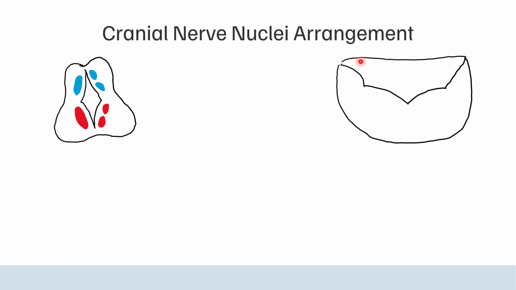So this would be our fourth ventricle. And then the arrangement of these nuclei would be the exact same in the sense that we have, once again, two motor nuclei here, and then two sensory nuclei on the sides, right? The difference is that as we go into the head and neck region, we have our pharyngeal arches.